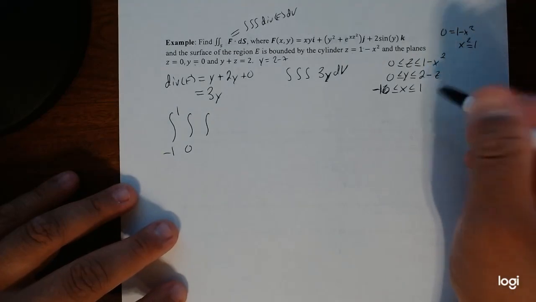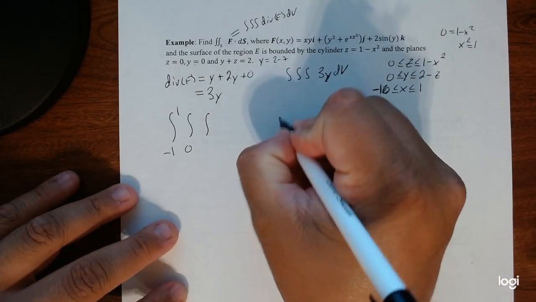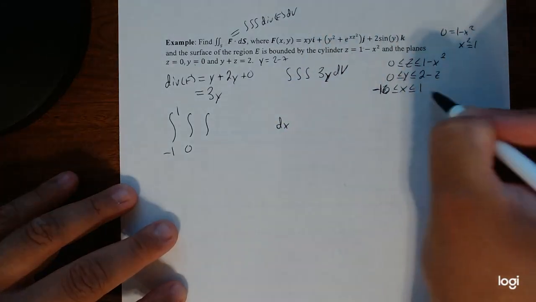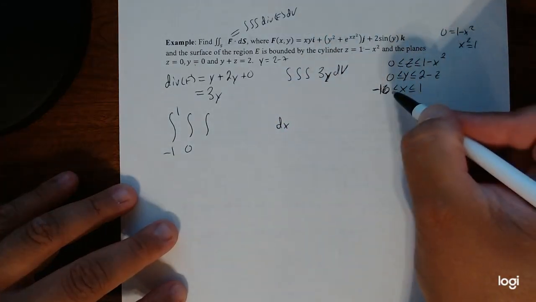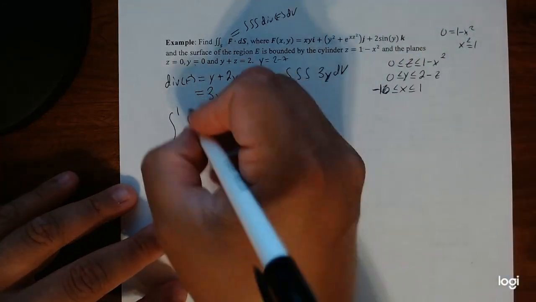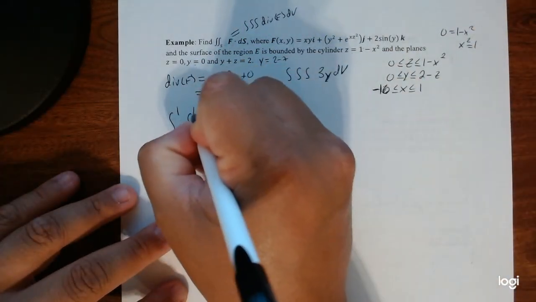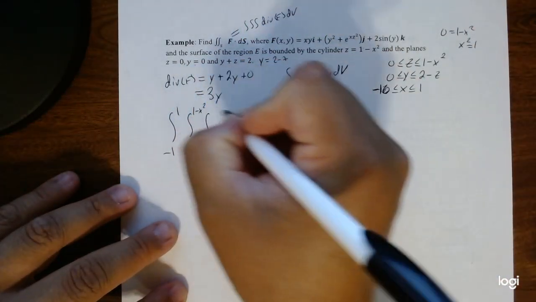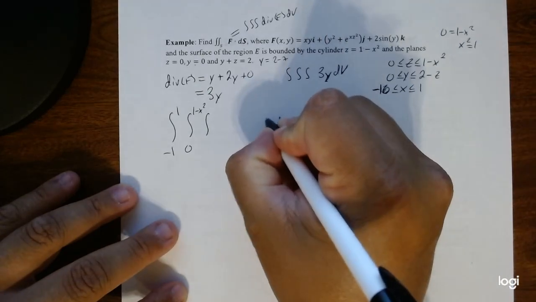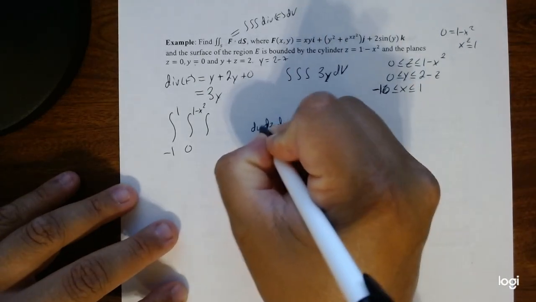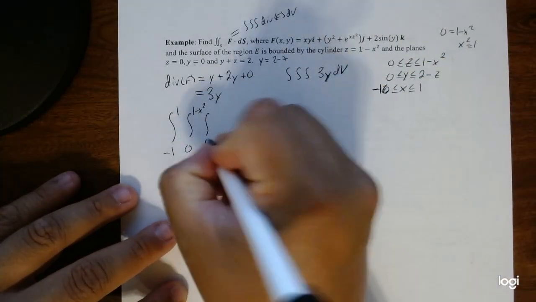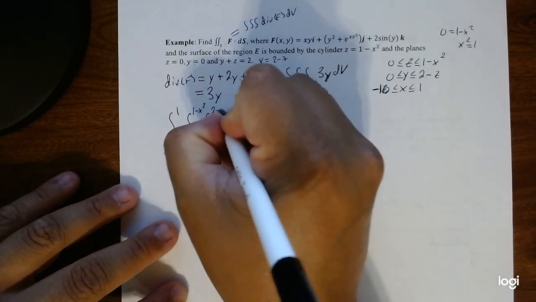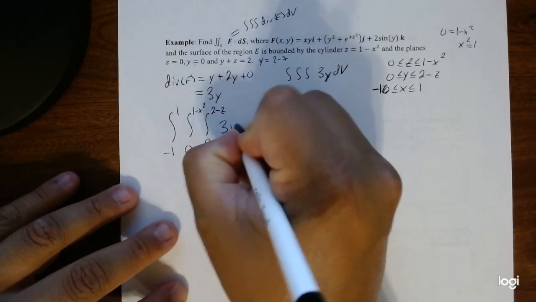I'm going to do x last, because those are the numbers, and then what's dependent on x? It's going to be z. And then first dy of that.